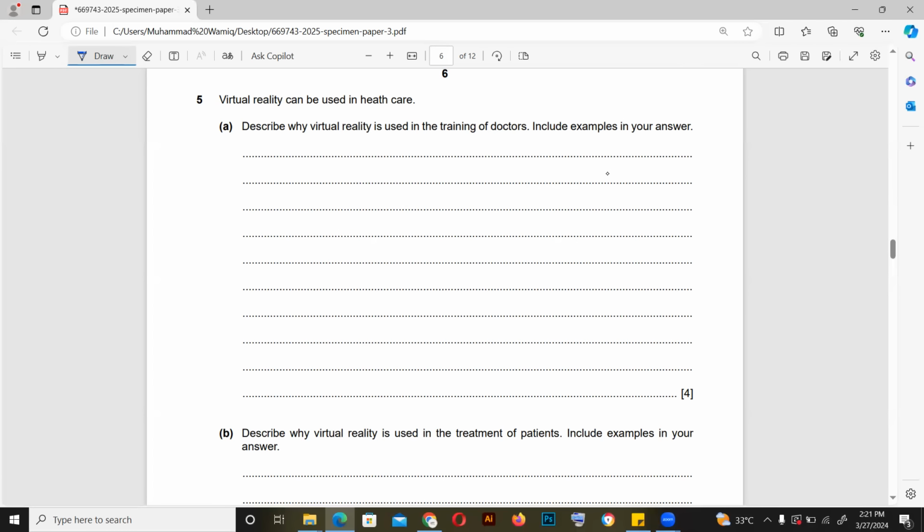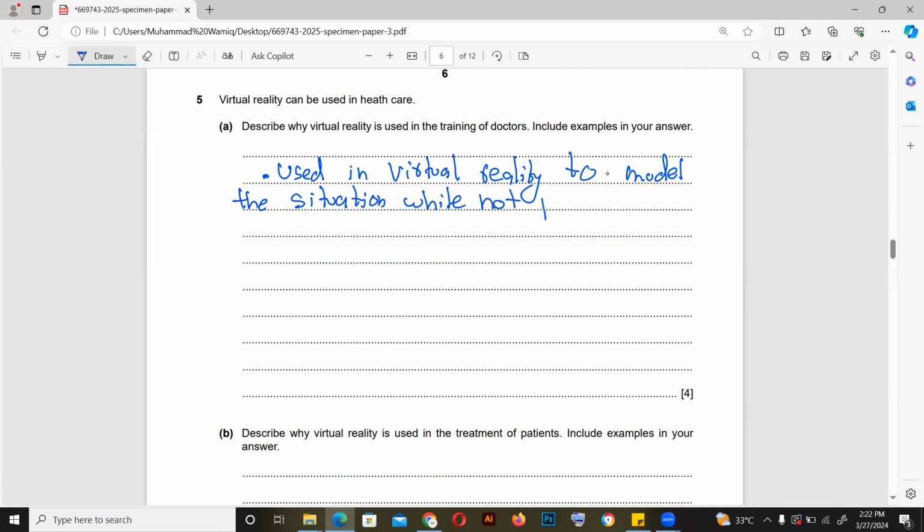The first point for virtual reality can definitely be that it is used to model the situation while not putting patients in danger.